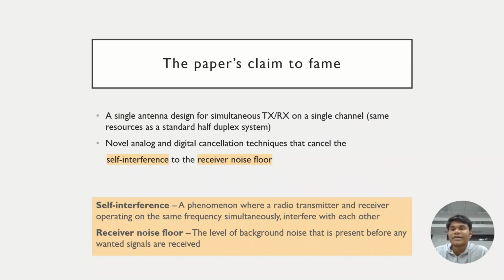Moving on, what is the paper's claim to fame? The paper gives a single antenna design for simultaneous transmission and reception on a single channel. What's special is that it uses the same resources as a standard half duplex system. So, what they are trying to do is implement a full duplex communication system while using the resources of a half duplex communication system, which is quite good.